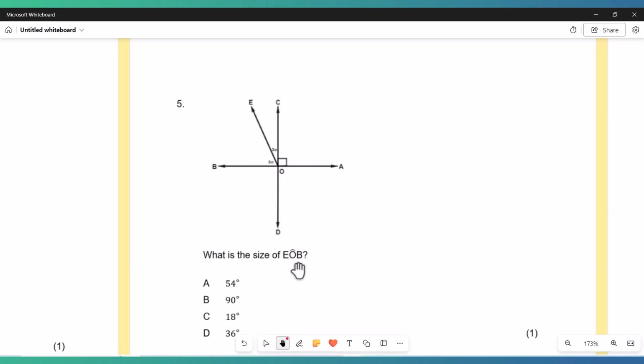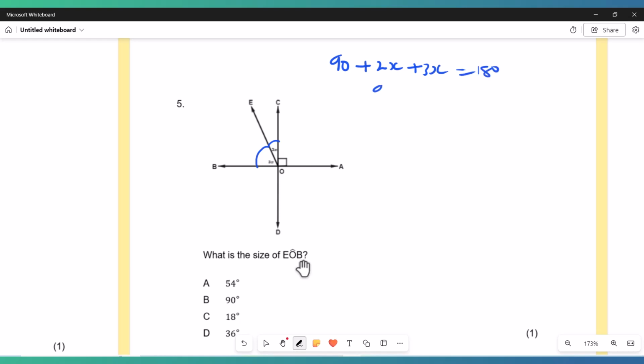Question 5. What is the size of EOB? To get EOB, which is 3x, we need to first find the value of x. This is perpendicular, which is 90, and this is 2x, so 90 plus 2x plus 3x must give us 180 degrees because these are angles on a straight line.